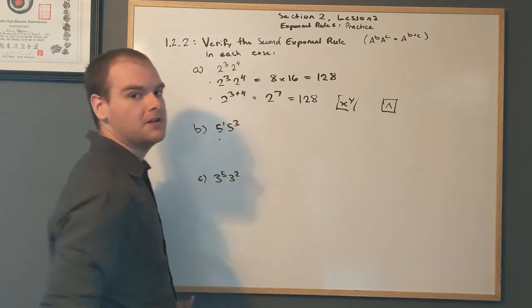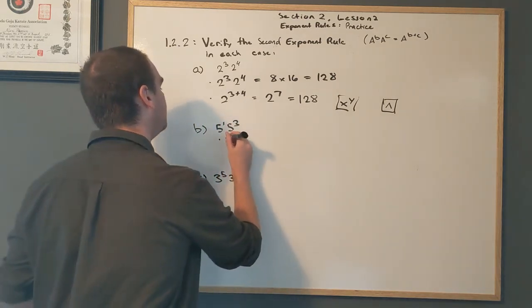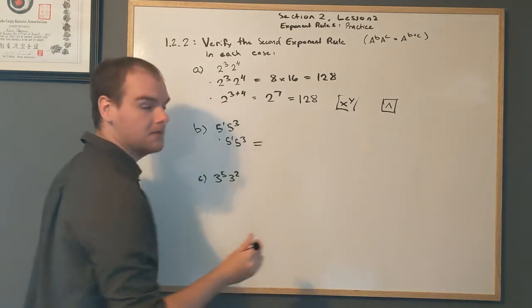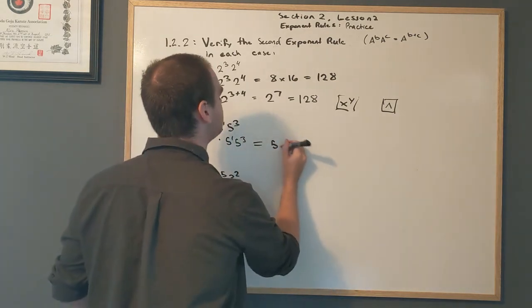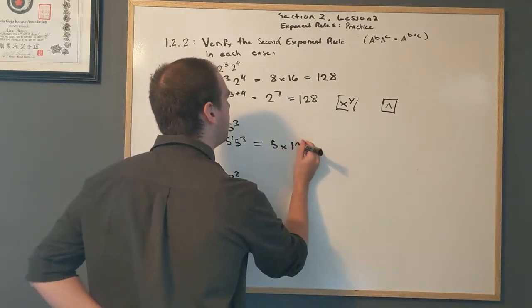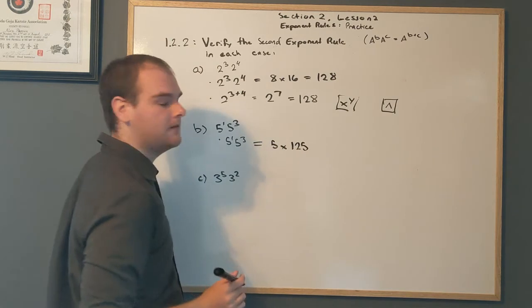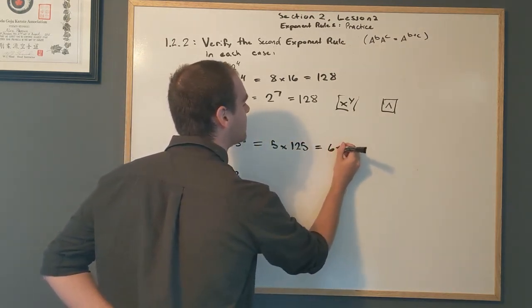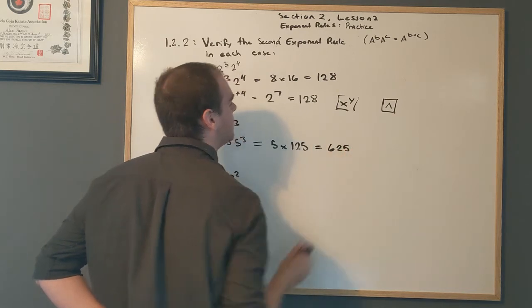Next up, 5 to the power of 1 times 5 to the power of 3. We evaluate the exponents separately, multiply the result. 5 to the power of 1 is simply 5. 5 to the power of 3 is 125. And the result is 625.